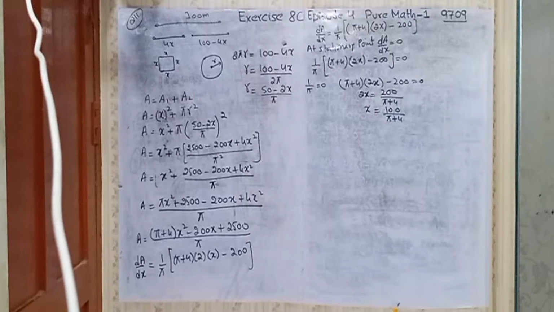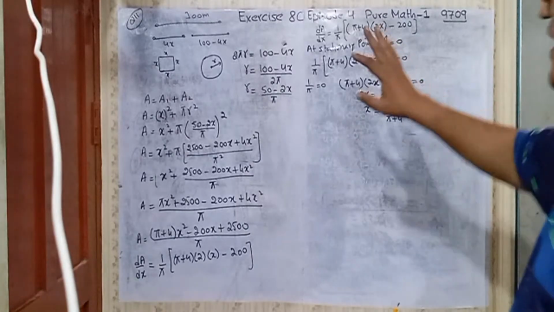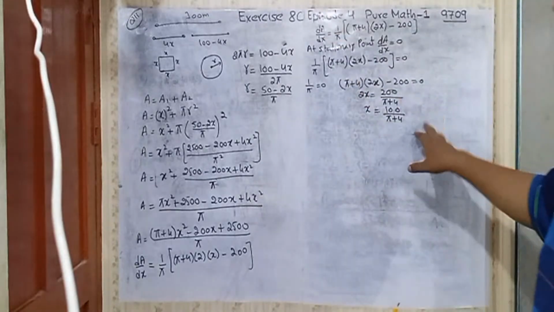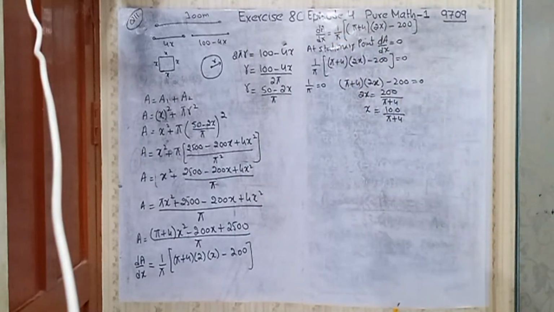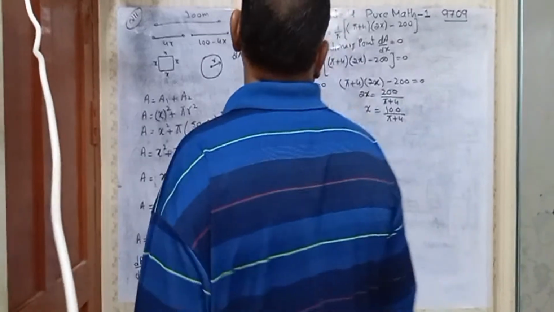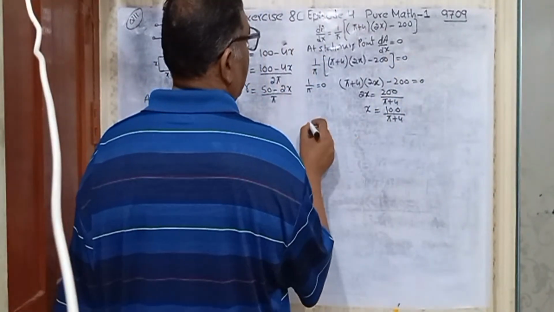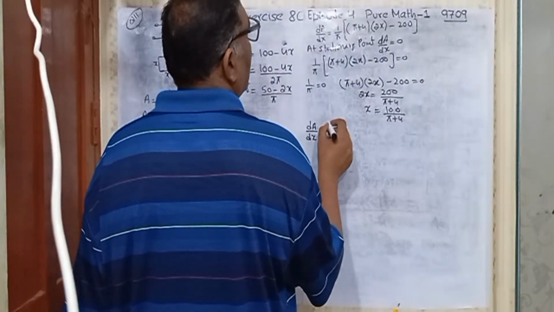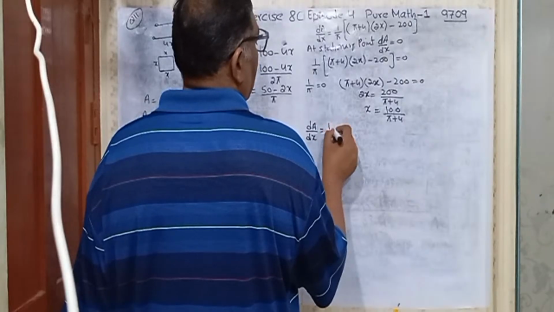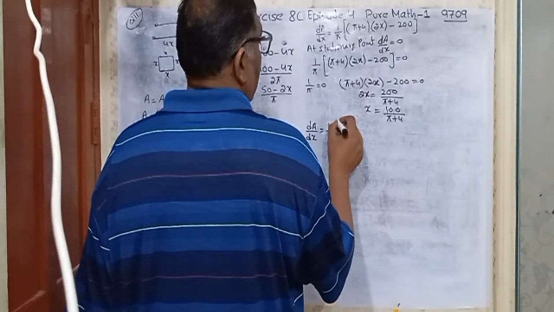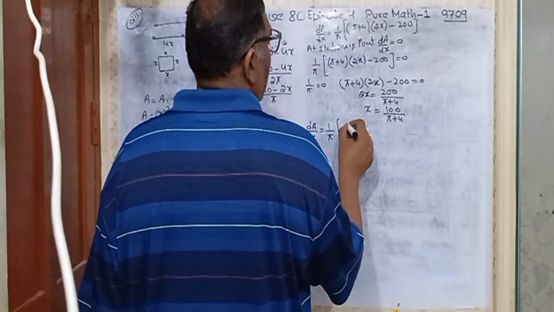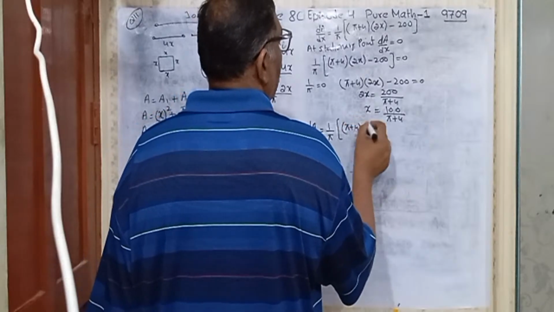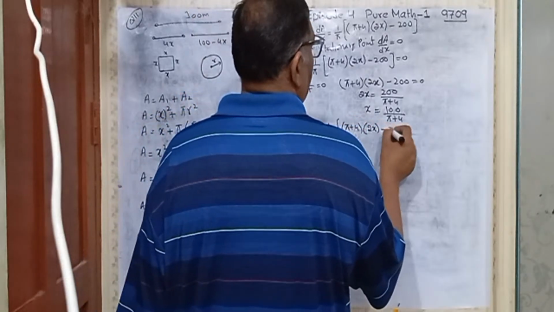Now I know the x value at which we have the stationary point. Now I have to find out the nature of that stationary point. For that purpose, we have to take the second derivative. I can easily find the second derivative. You know, dA by dx is equal to 1 by pi into pi plus 4 into 2x minus 200.